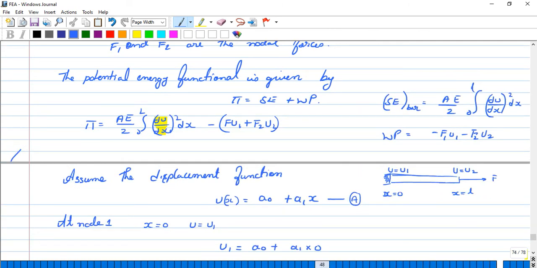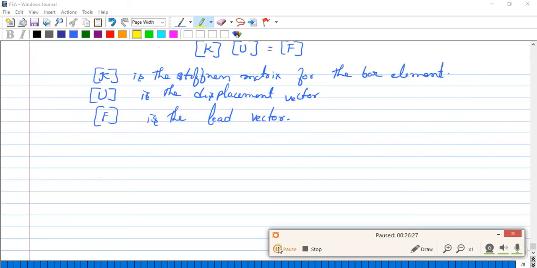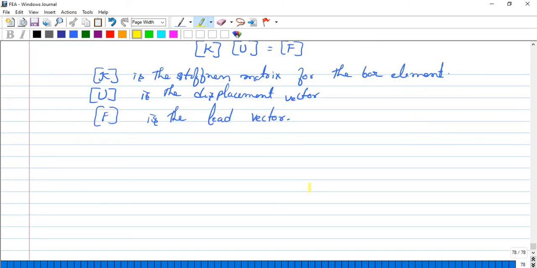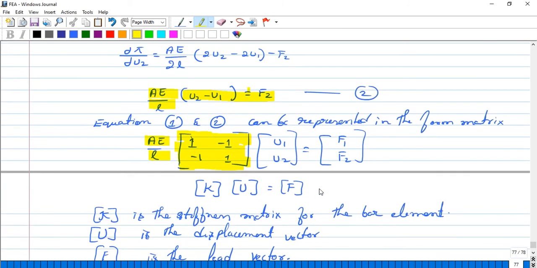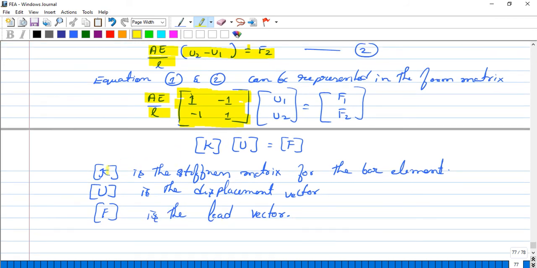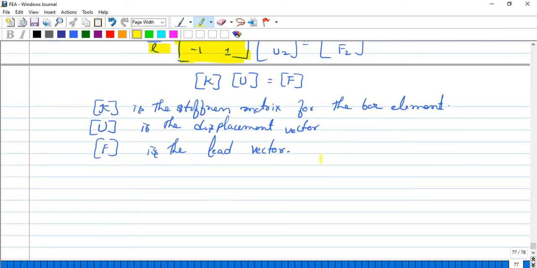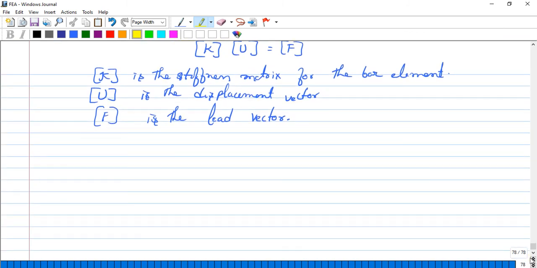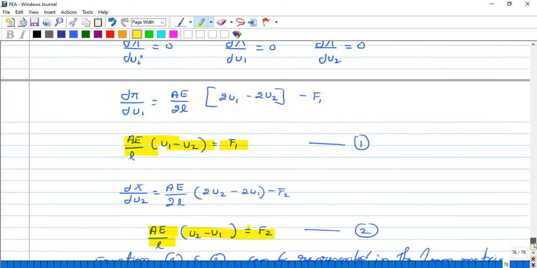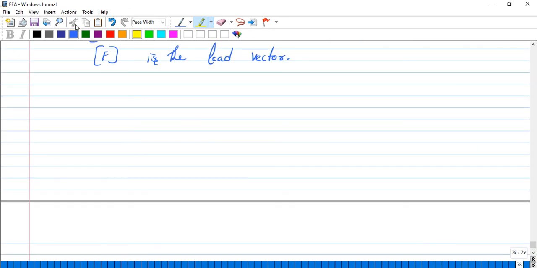So far we are able to derive the elemental stiffness matrix for a bar that is represented by K, and we shall understand what is a global stiffness matrix. So let me continue with the same. I will consider this as the global stiffness matrix.